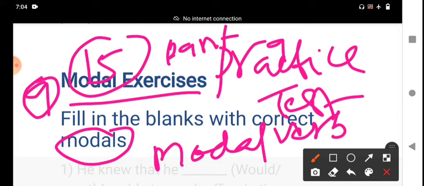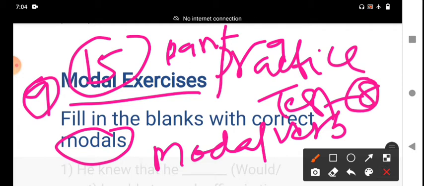In 8 parts, all the modal verbs, shall, should, will, would, can, could, may, might, must, ought to, need, used to, dare, I have completed.